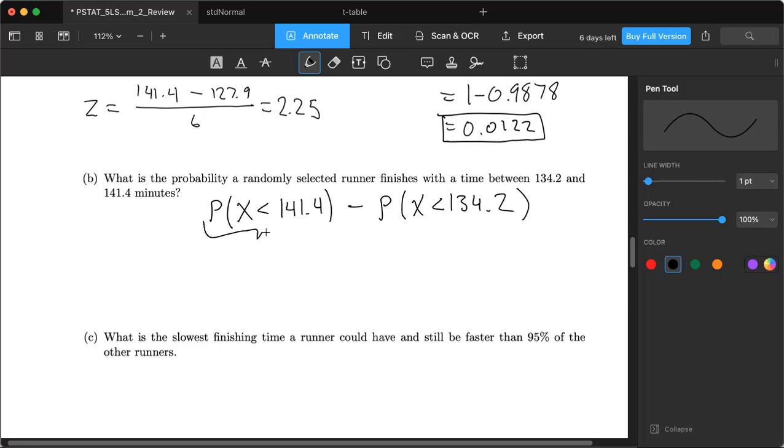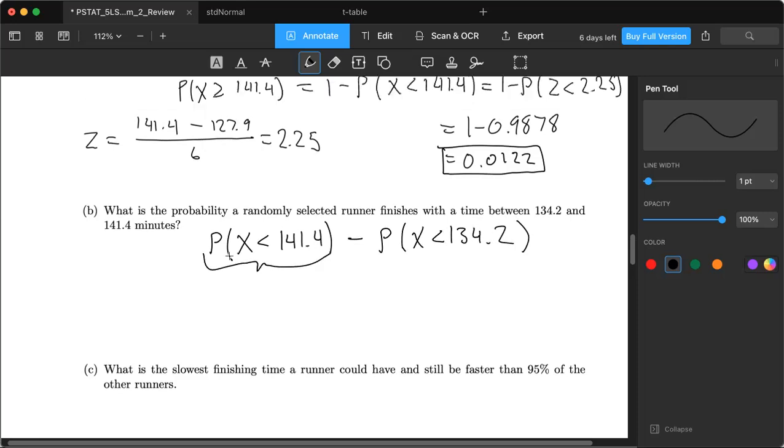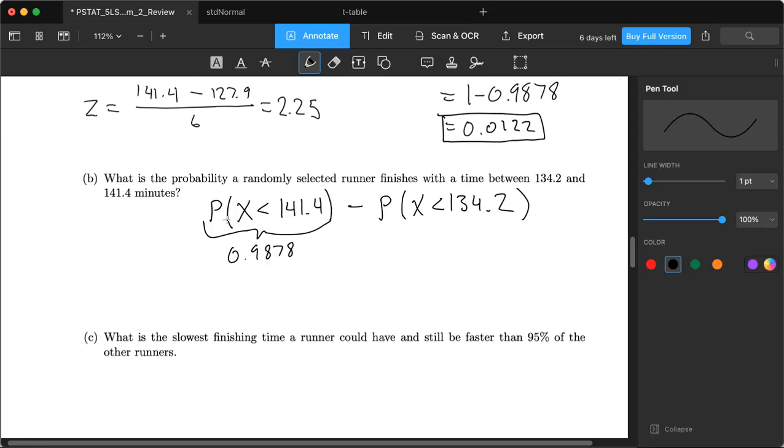This part we just found in part A, so that's 0.9878. So we just need to find a z-score for 134.2. So 134.2 minus 127.9 divided by 6 is 1.05.